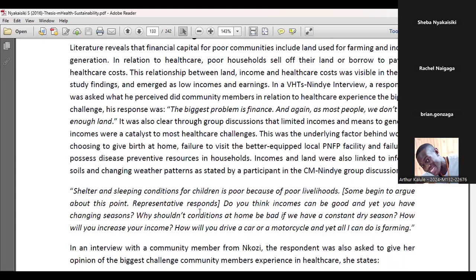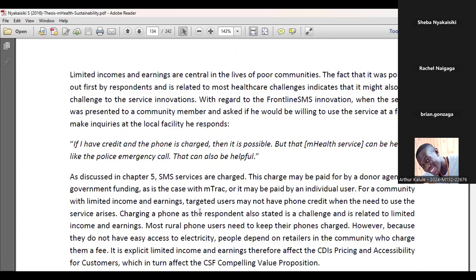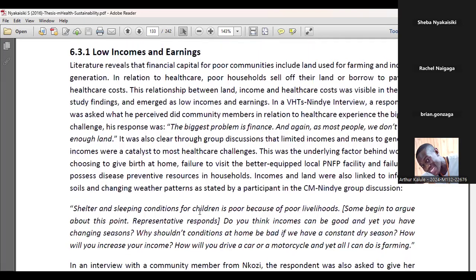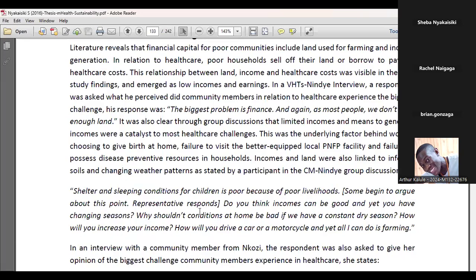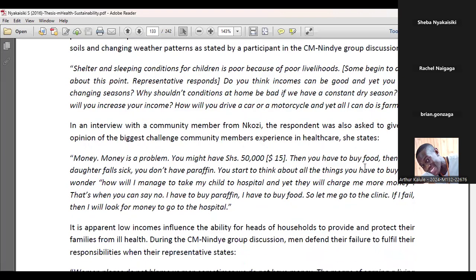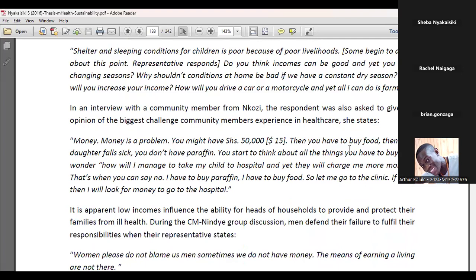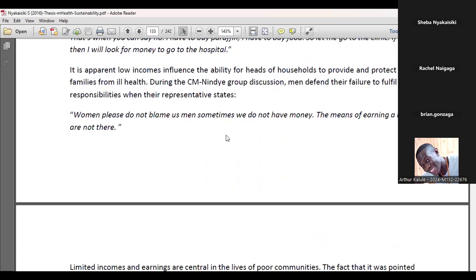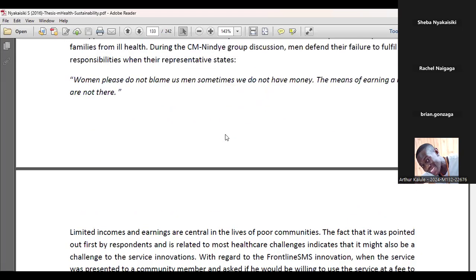I didn't include the names of the particular people. So even as I was reporting, in an interview with a community member from Munkozi, the respondent was asked to give her opinion of the biggest challenge. And I reported, so in any of them, no names were given.